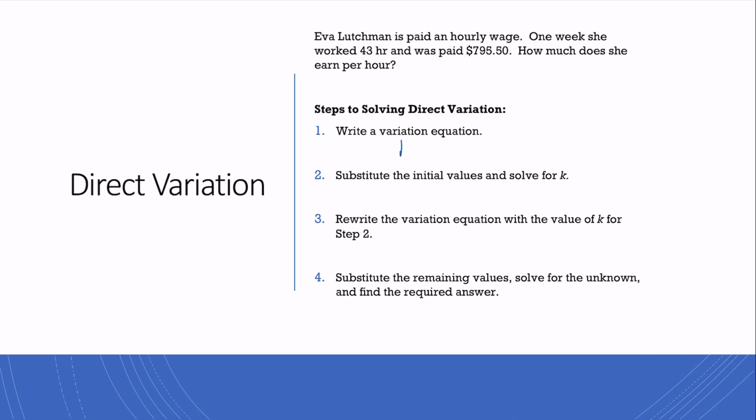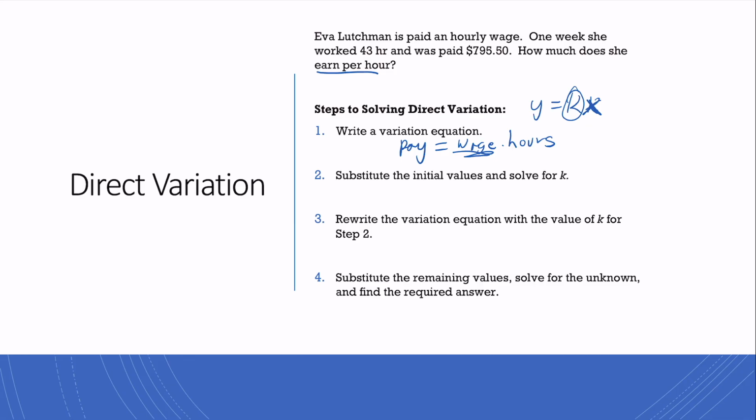So our pay, the take-home pay, assuming no taxes here, is her wage times the number of hours she works. So in this case, as direct variation problems go, how much she earns per hour, her wage, that's going to be our k.